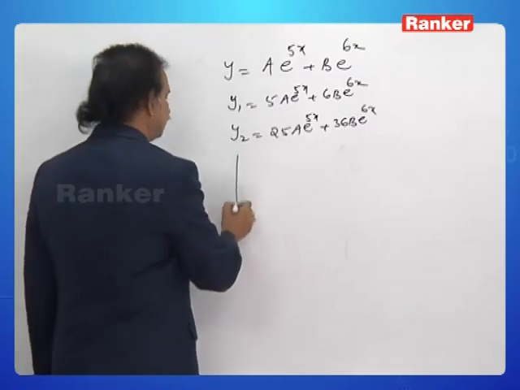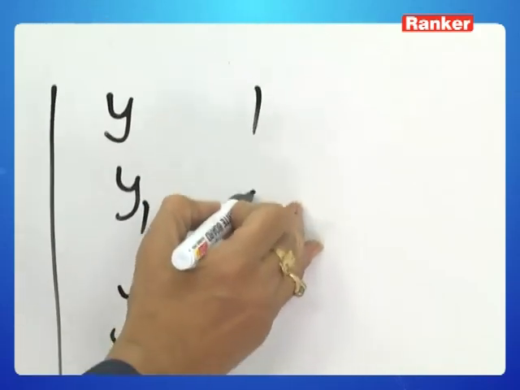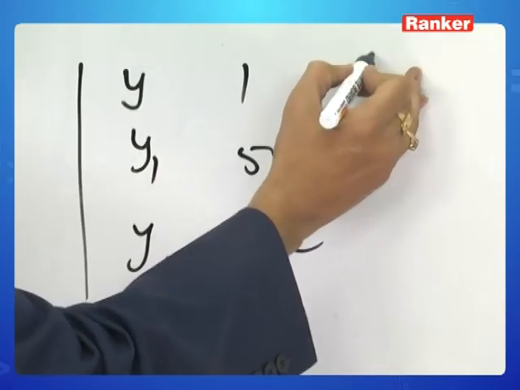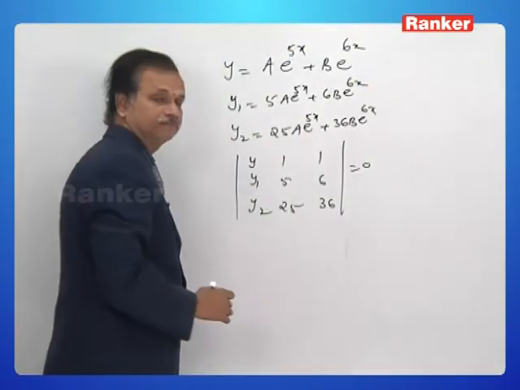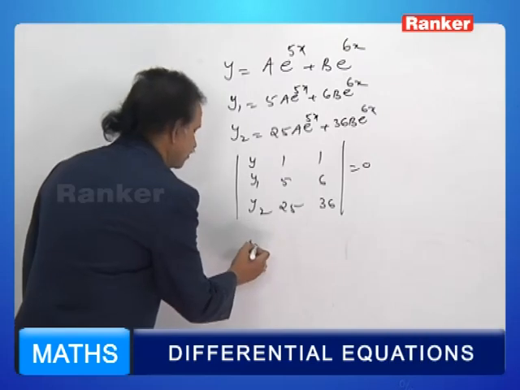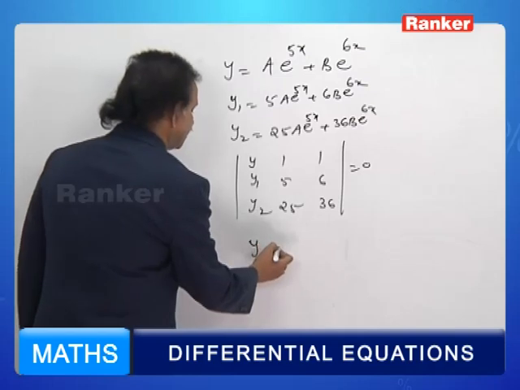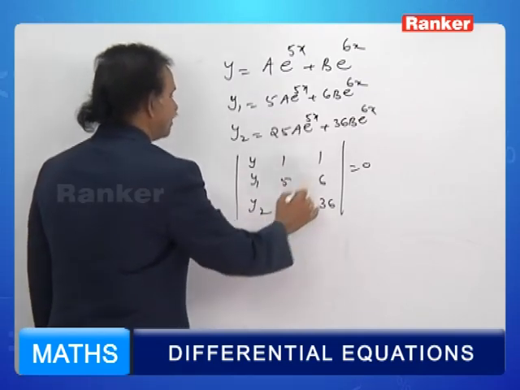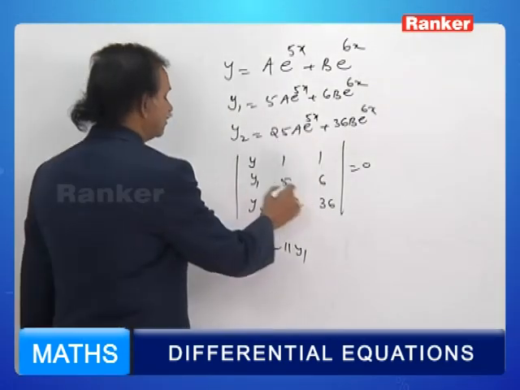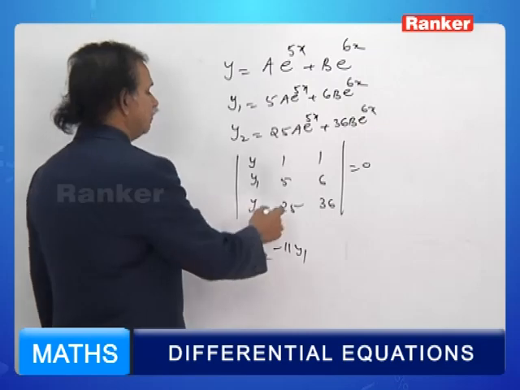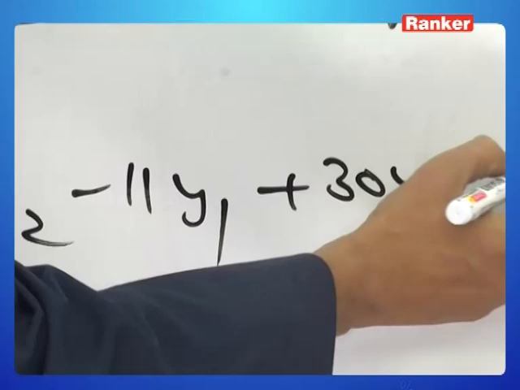Eliminate: y, y1, y2; 1, 5, 25; 1, 6, 36 is equal to 0. Come on, y2 into 6 minus 5 is y2, minus y1 into 36 minus 25 is 11, minus 11y1, plus y into 180 minus 150 is 30, plus 30y is equal to 0.